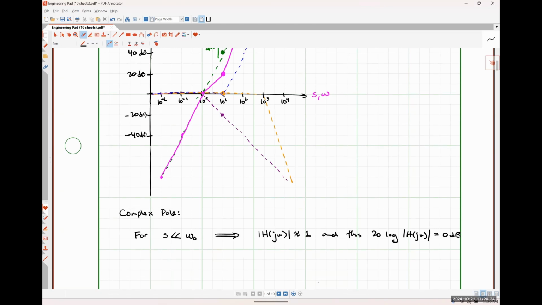So before we hit our resonant frequency, it's flat.